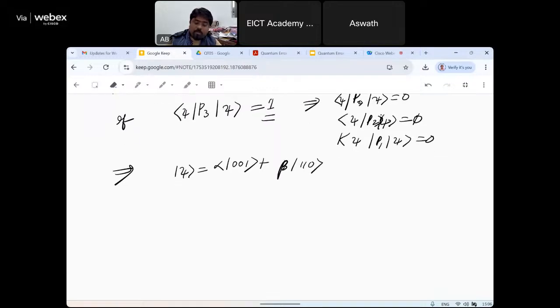This is a scenario where the third bit got flipped. As I know the third bit got flipped, I'll send this information. Let me say this is psi prime by mistake. It's supposed to be psi, but it became psi prime.